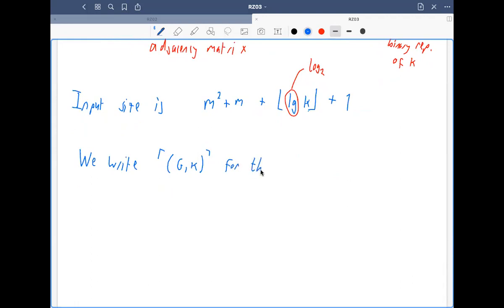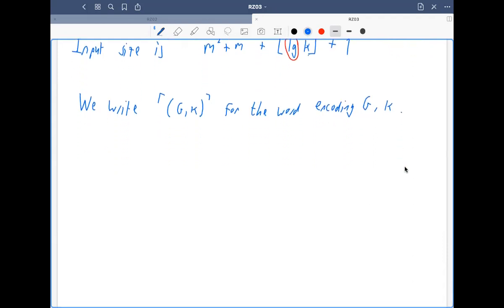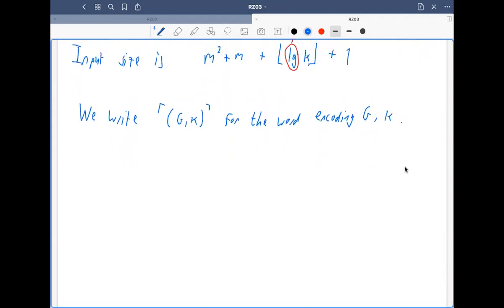So we write this for the word encoding the input G and K. And what I'm going to show is that this problem is in NP.